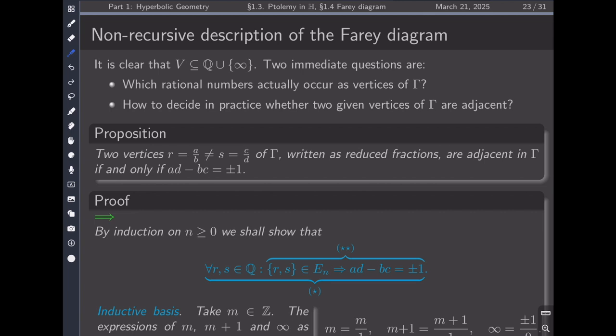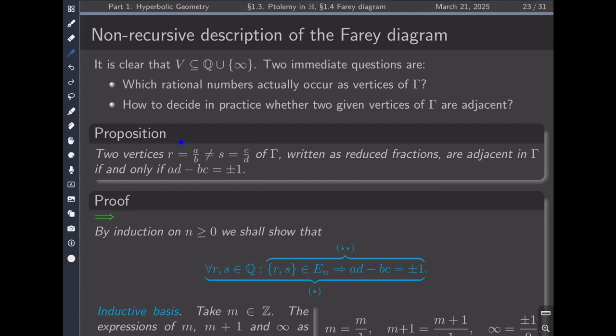It is not, at least not on the nose, obvious that one obtains actually all rational numbers along the way. So which rational numbers actually occur? And second, if you give me two points that we know for some reason are vertices of the Farey diagram, decide in an easy way whether they are connected or adjacent or not.